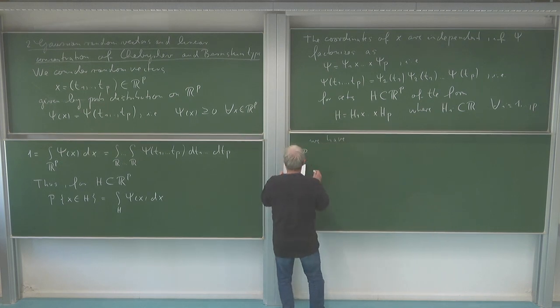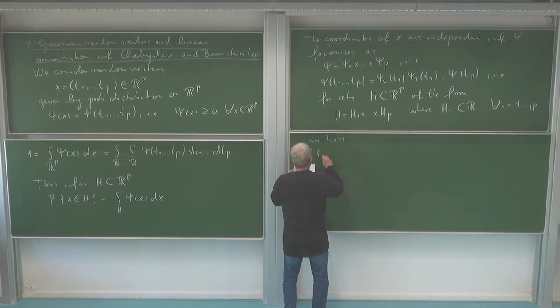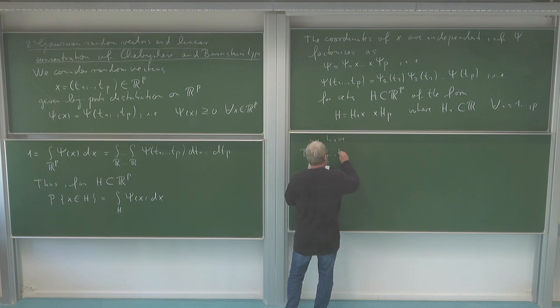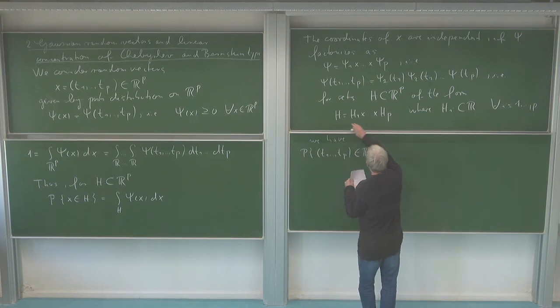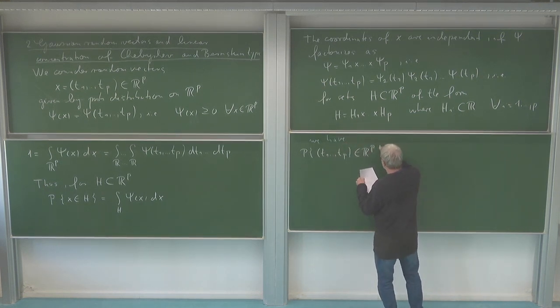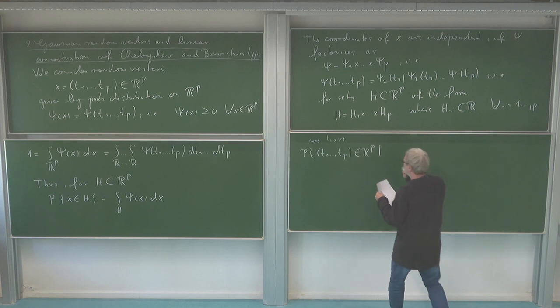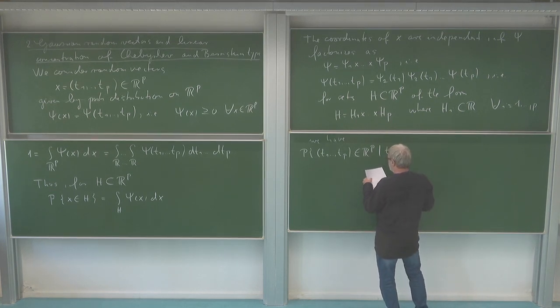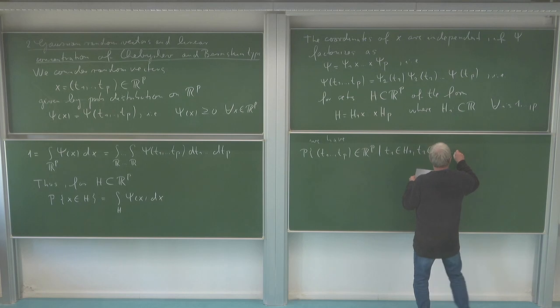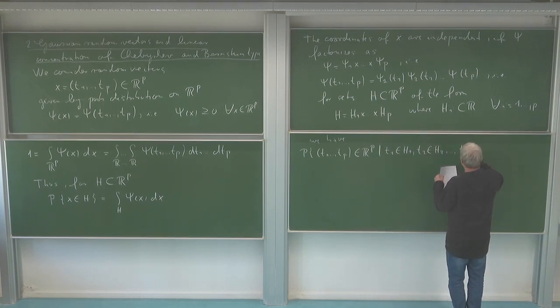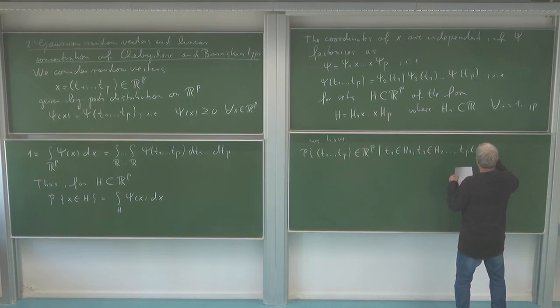So what do we have for the probability that my vector t1 up to tp, first of all, my vectors are always in R to the p, but now I want them to be in this set. Let me write down what this means. This means that t1 is in H1, t2 is in H2, and so on, up to tp is in Hp.